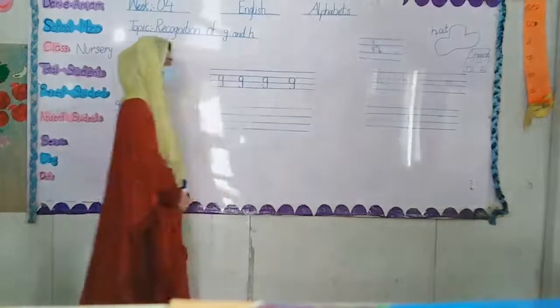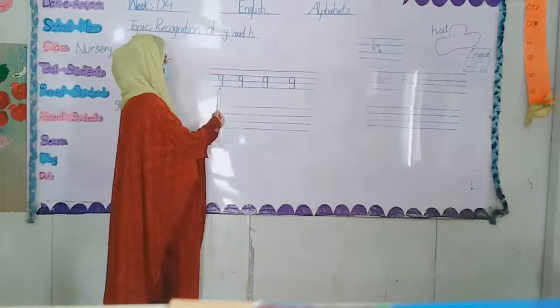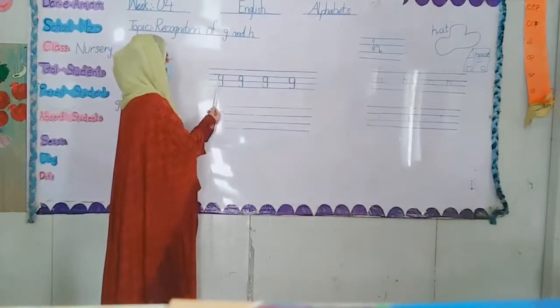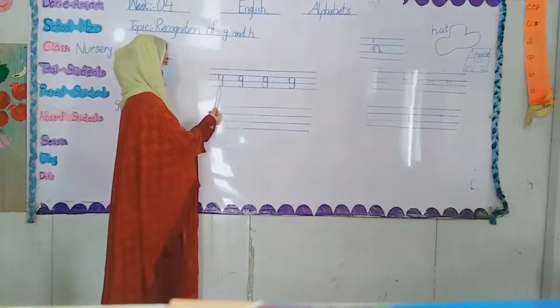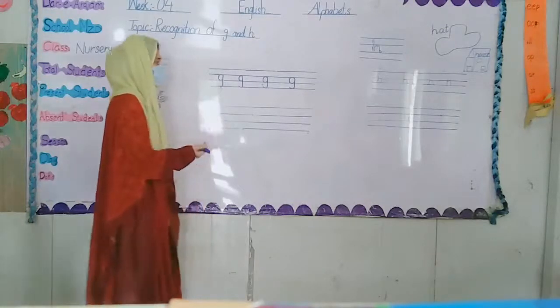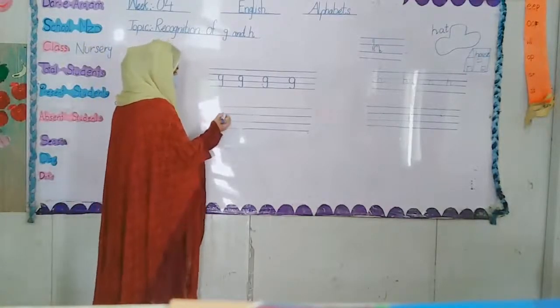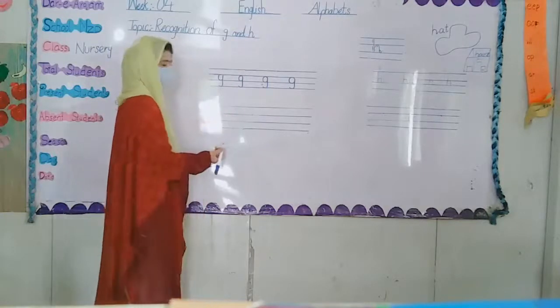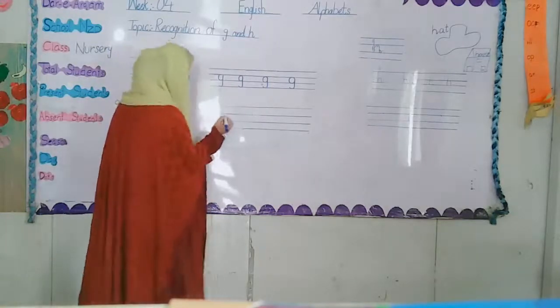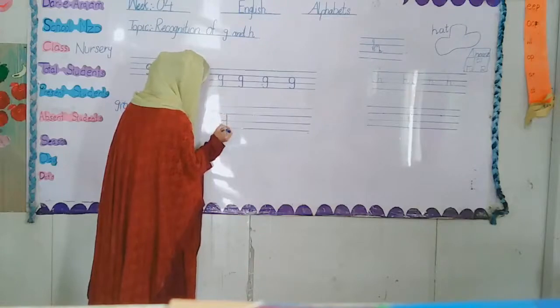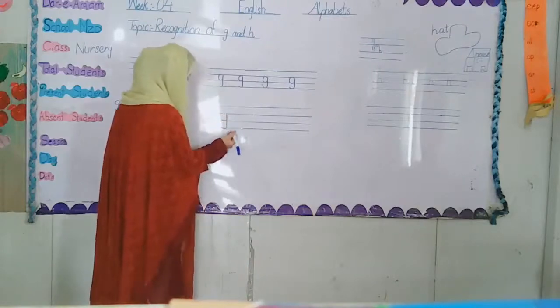Dear student, as the small alphabet G is a root letter, we will write the small alphabet G in the last 3 lines. Now again we will write the G from the center line, from the second line start G. First of all, make a circle, then move downward and touch the last line.